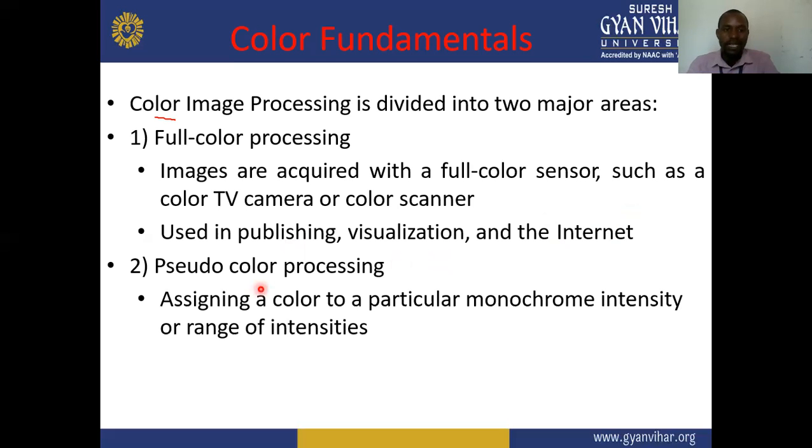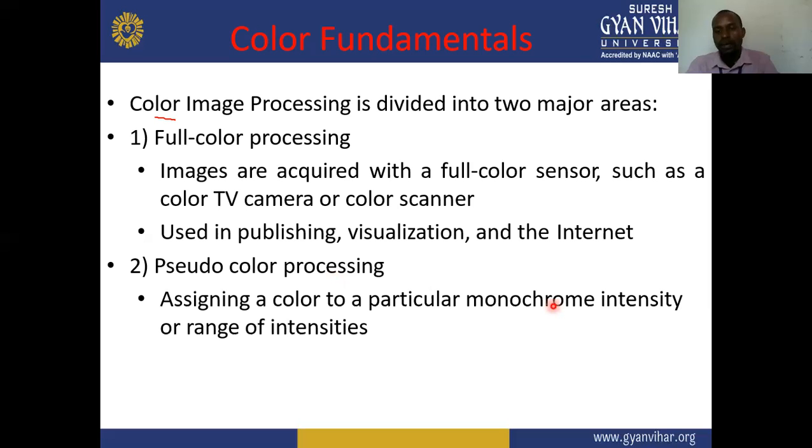Now, the other type of color processing category that we have is pseudo color processing. Now, this pseudo color processing is basically used whenever we are dealing with objects that have one type of color, that is a monochrome intensity.